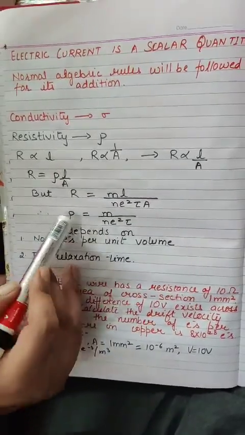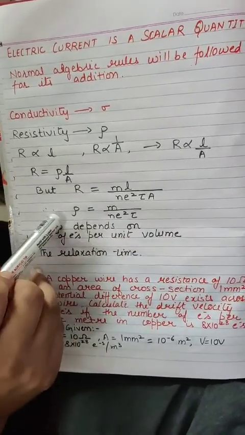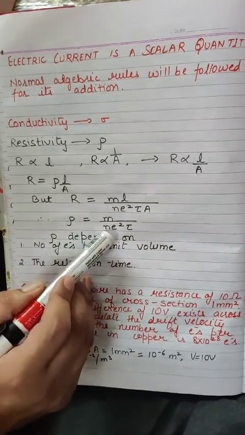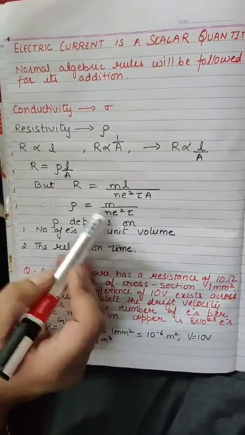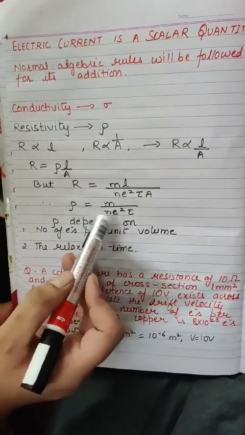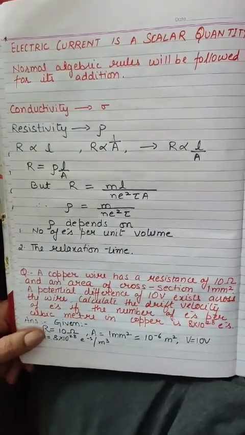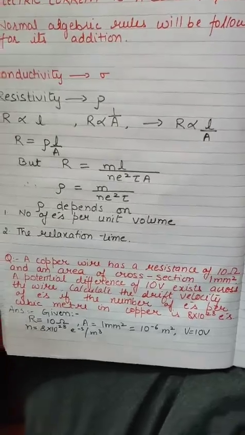And you can see rho will be less for those materials whose number of electrons will be more and whose relaxation time will be more, and it will be more for the materials whose number of electrons will be less and relaxation time will be less. So this is all about the theory which we had to do today.